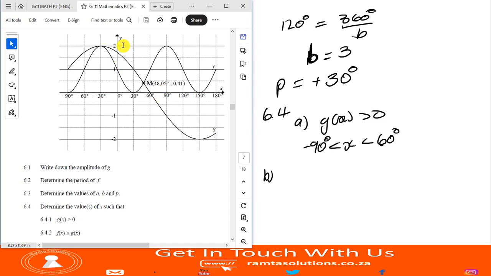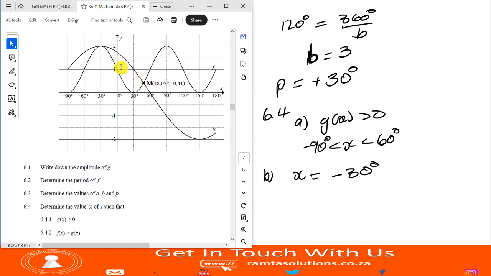As we look, this is an intersection. To the left of this intersection, g of x is above f of x. That's not what we're looking for. To the right, it's something. So let's say here, x equals negative 30 degrees. At this point, as you can see, both graphs are equal. It's one of the conditions.